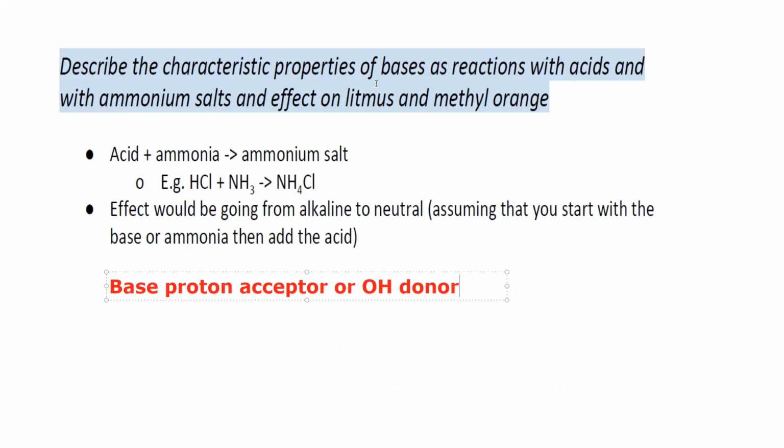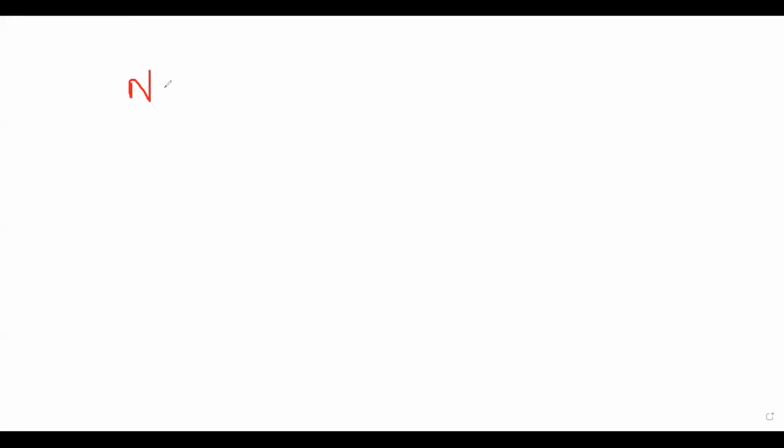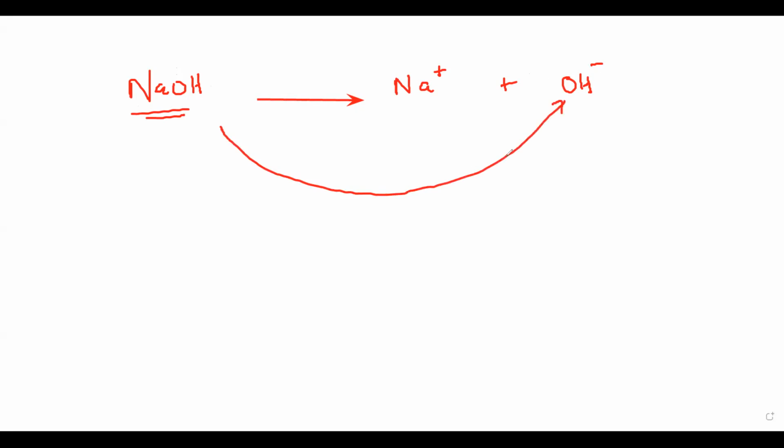There are different examples of bases. For example, we have NaOH, sodium hydroxide. When it dissolves, it forms Na plus and OH minus. A substance which donates OH when it dissolves, we call a base. So sodium hydroxide is a base here.